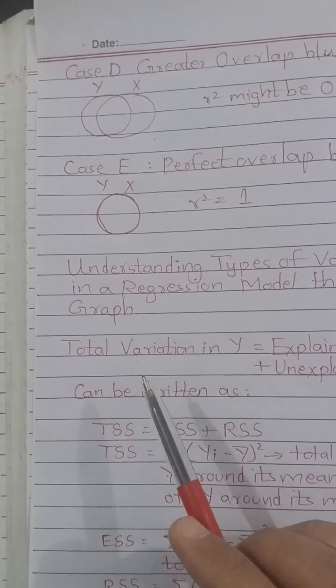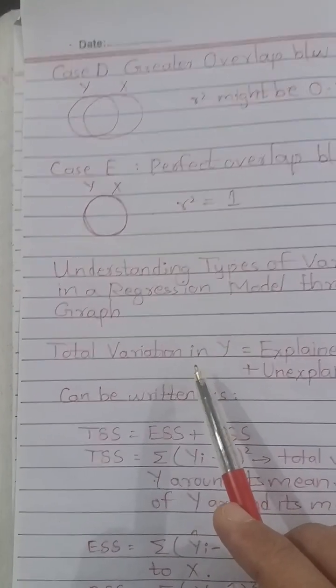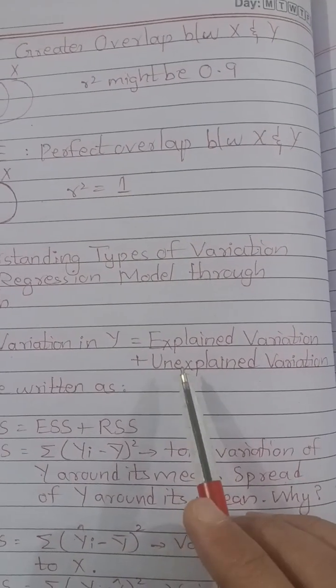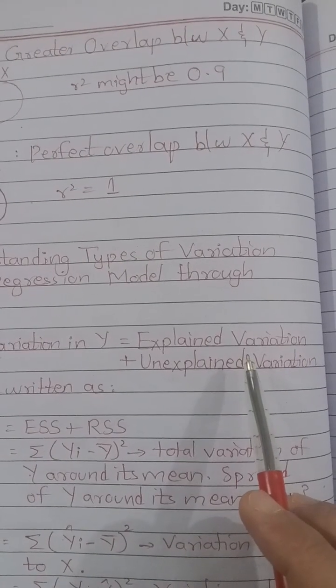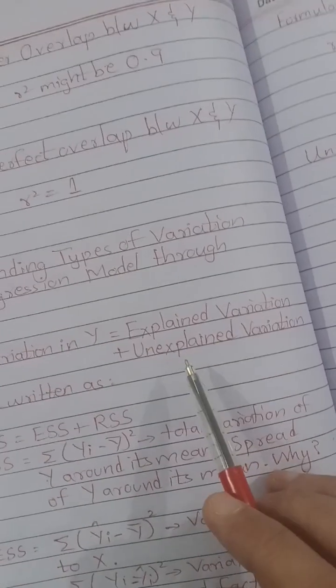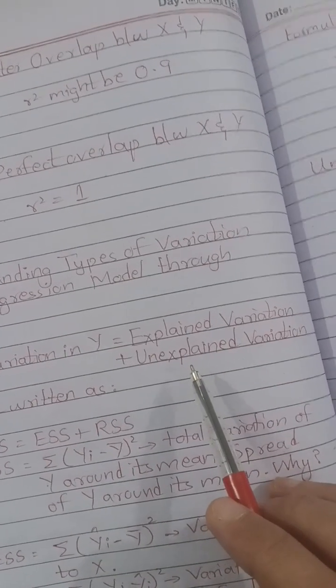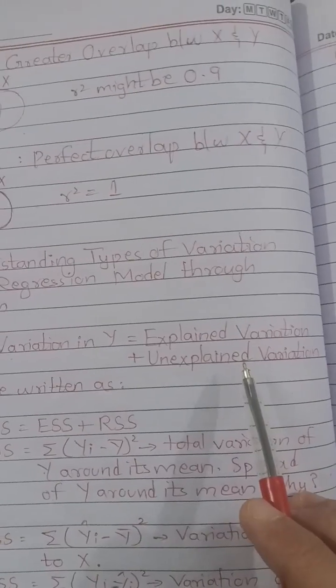Simply, total variation in y is the spread of y values around its mean. Explained variation, this is the variation that is explained by our independent variable. And unexplained variation, it is a variation that our model fails to explain.